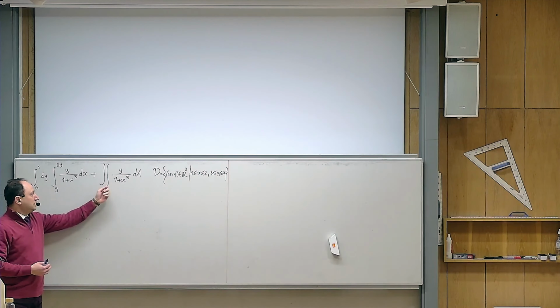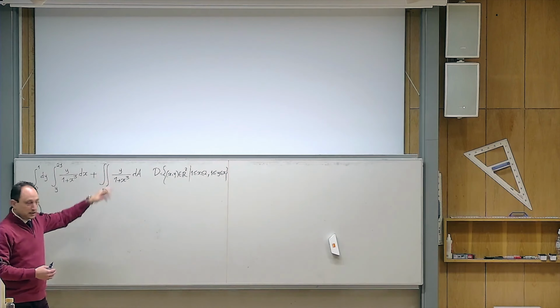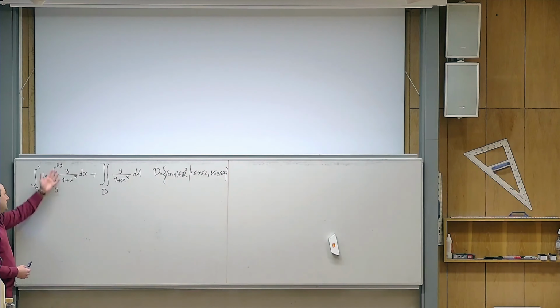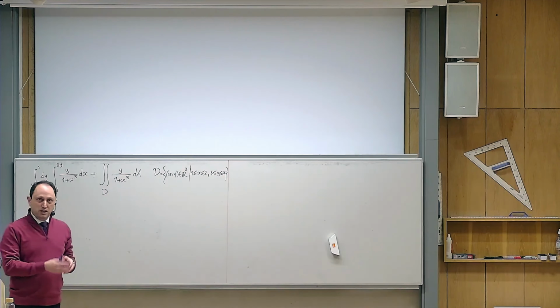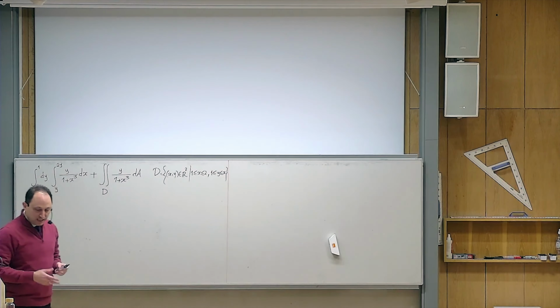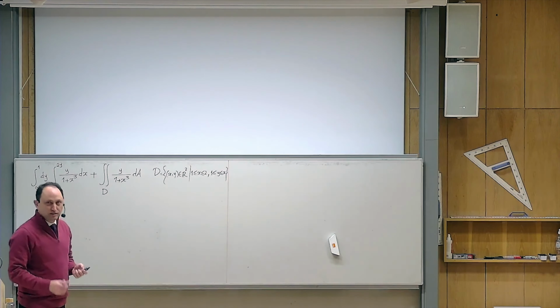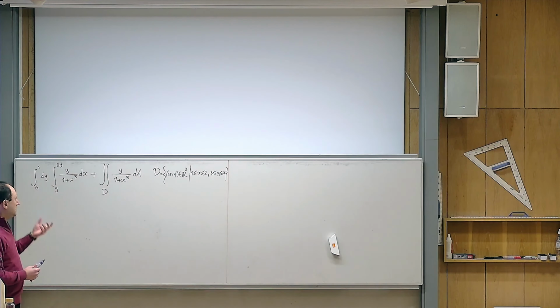You need to realize the domain to be able to write the limits. But this integral already has the limits in place, so you might think, okay, it is ready-made, so let us just start. But then you immediately realize that it is not that easy.